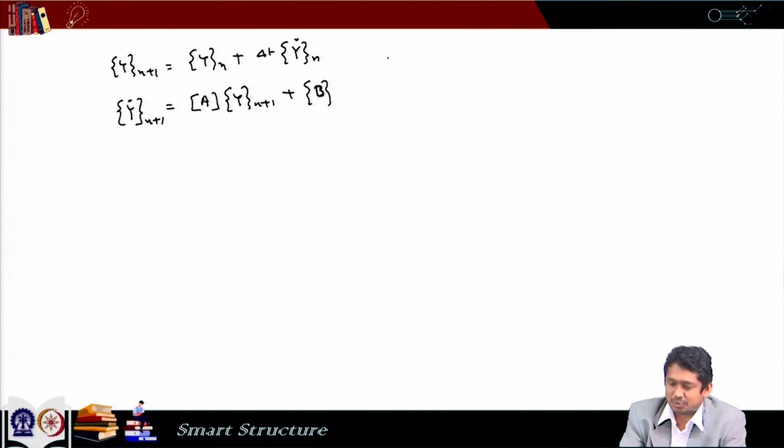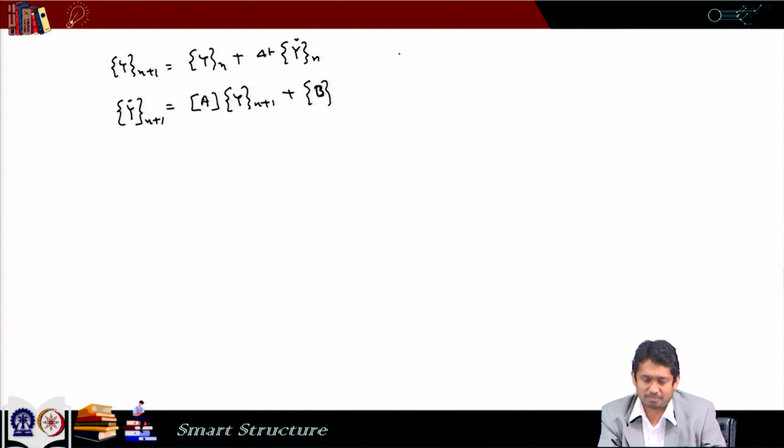So, at time t is equal to 0, we know only the initial condition. We know the value of y and y dot, both are known to me.